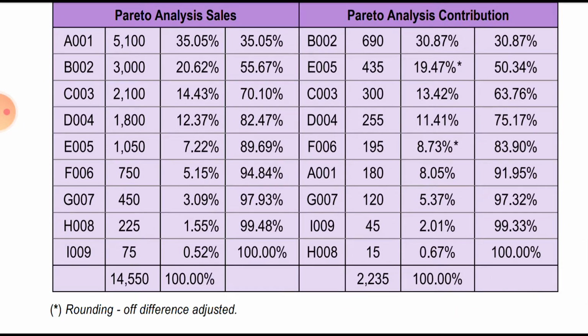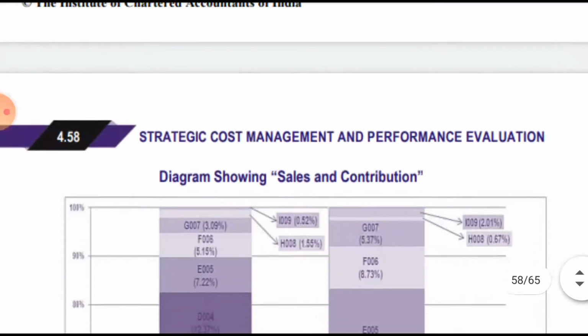This same presentation we have to do in every sum of Pareto analysis. We have to set in order, highest to lowest, any given data in the question. Then analysis.